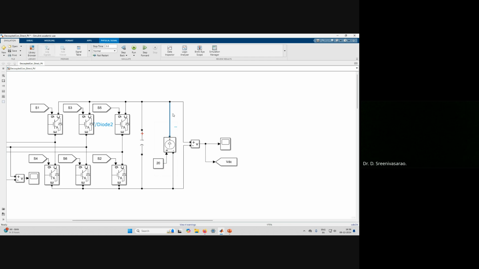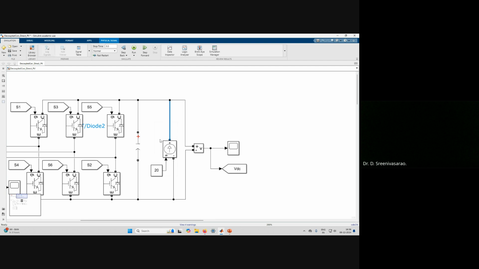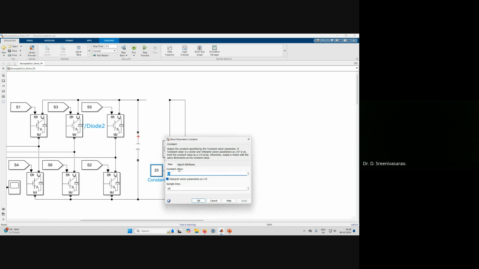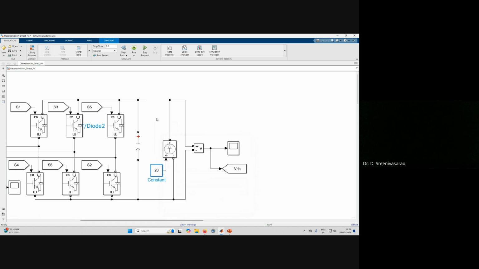So if you measure the current in this highlighted one, you will get 20 amperes. If it is minus 20, that means the battery is charging. In this case the battery is discharging. If I make it minus 20, the battery will be charging, right?